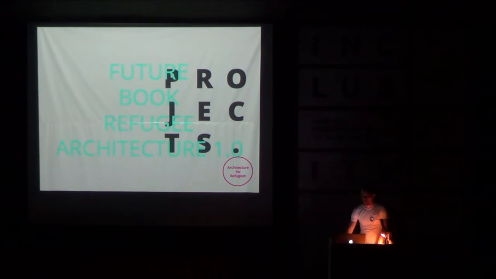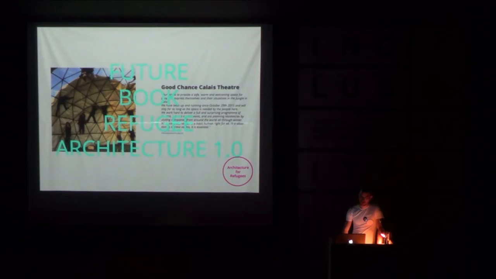In the future, we are planning to have our first book, which maybe we will call Architecture of Refugees 1.0, to share our collection in an online and offline way. This is one page where we show a very interesting project from Calais. It's called Good Chance.